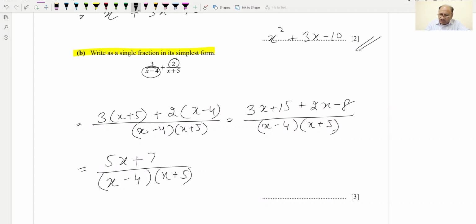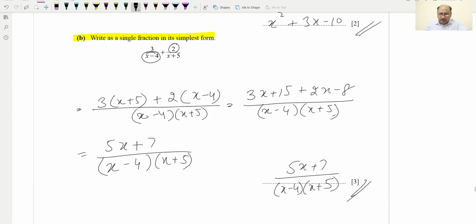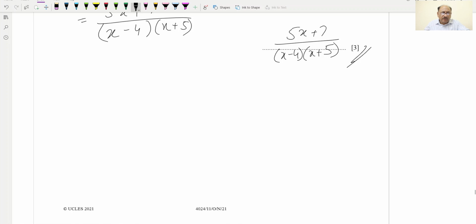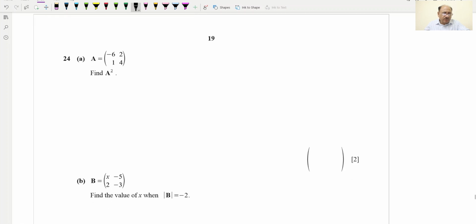So further simplification is not possible, so this will be our simplest final answer which we can provide over here at the proper location. And this is a 3-mark question which we are done with.